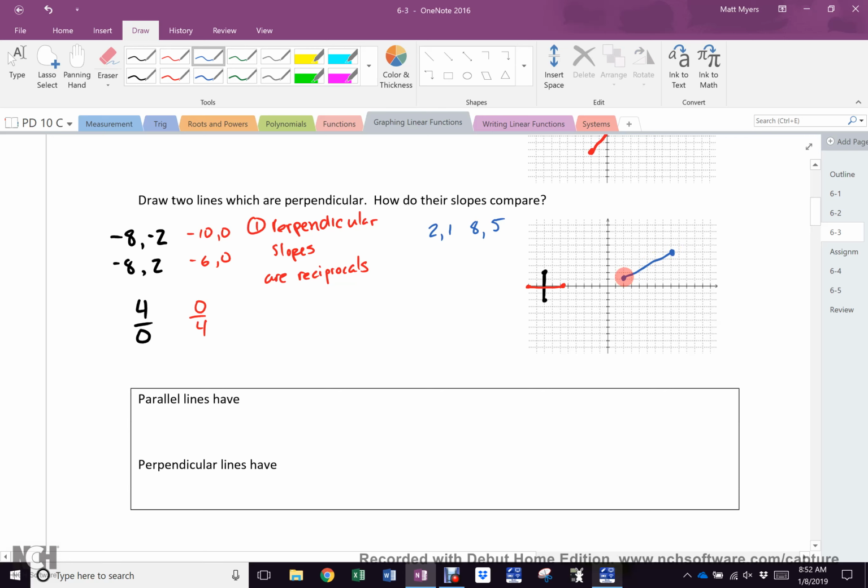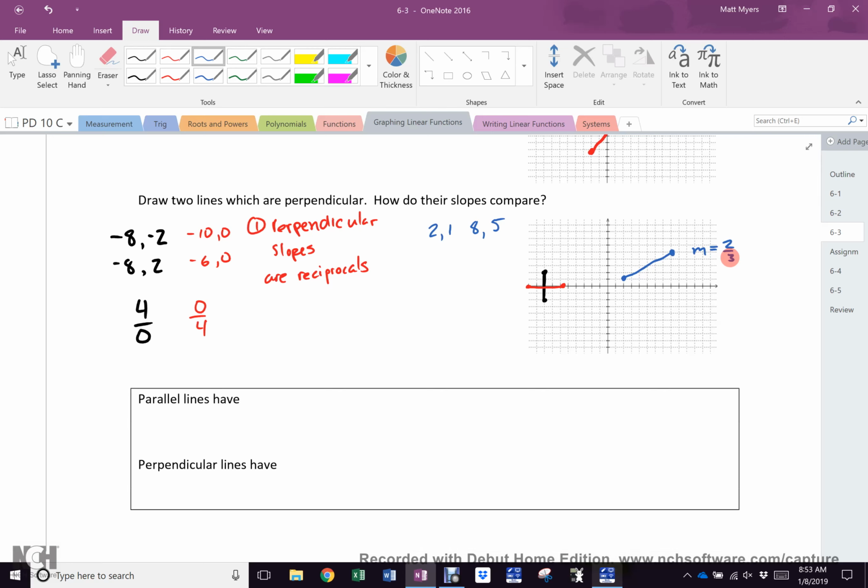What's its slope? Sure you do. This guy's slope? What? 2 over 3. Everybody good? Okay. This guy has a slope of 2/3. Yes?